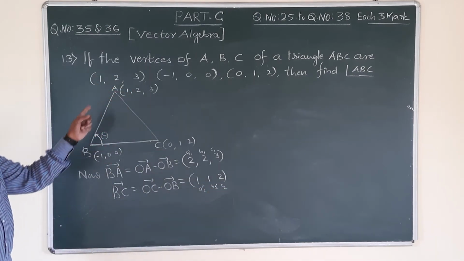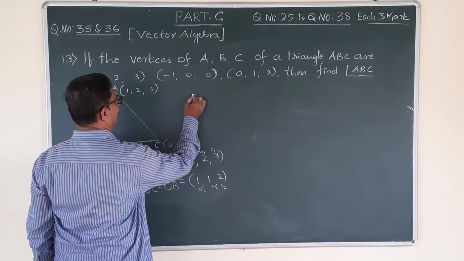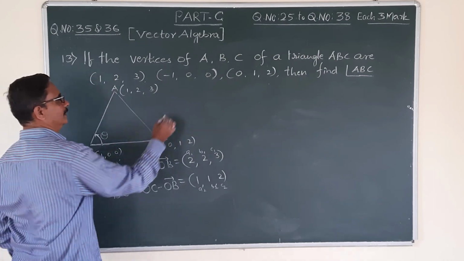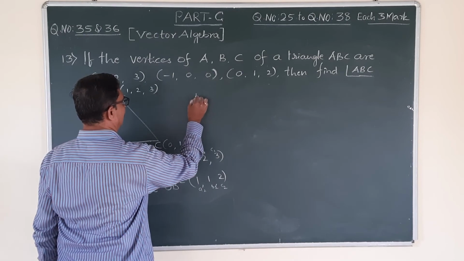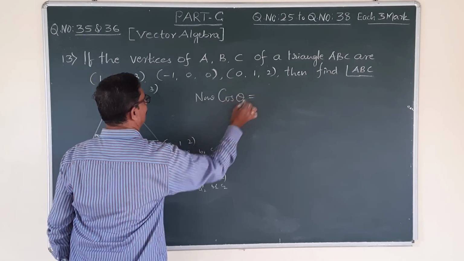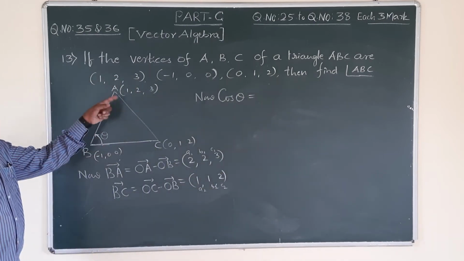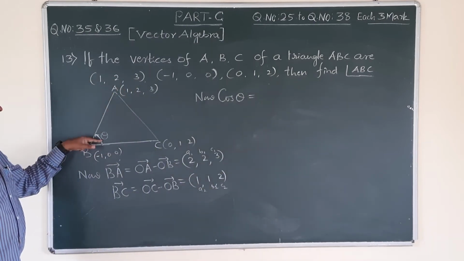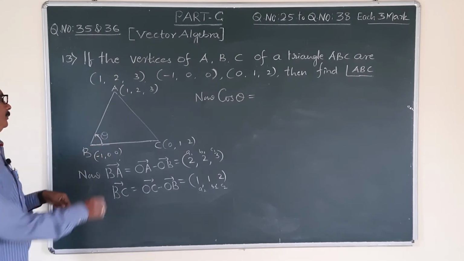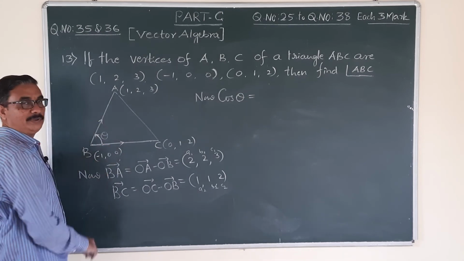Now find the angle ABC. Let theta be the angle between the vectors. Then cos theta is equal to, the angle ABC is nothing but the angle between the vectors AB and BC, or BA and BC.